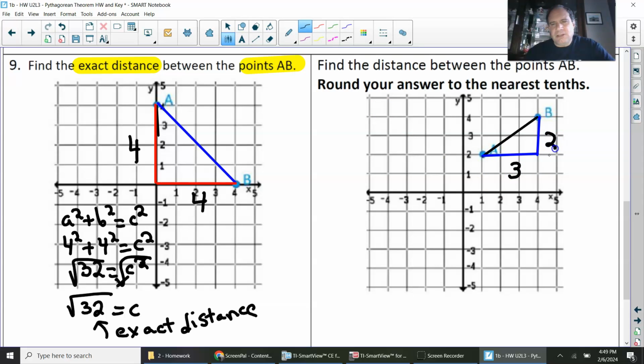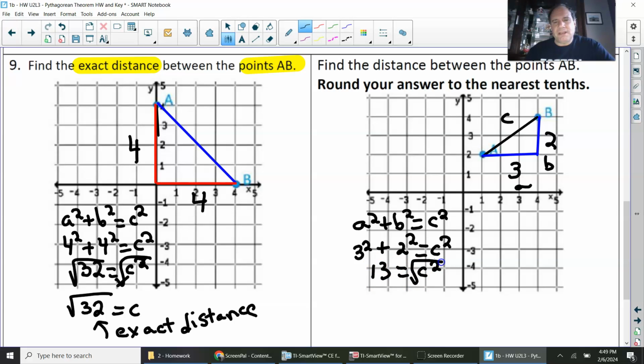This is 2. So now we're going to put a squared plus b squared equals c squared. So we have 3 squared, this is a, this is b, this is c, plus 2 squared equals c squared. So this is 9 plus 4, that's 13, equals c squared.